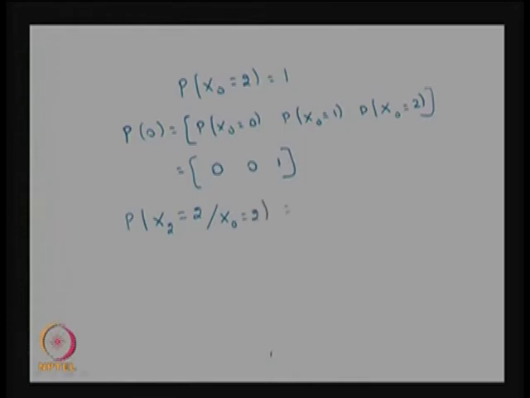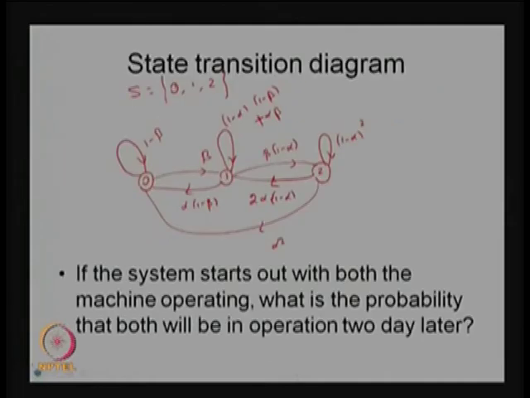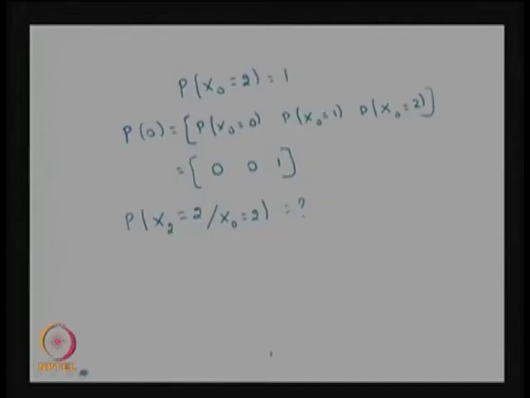So this is what you have to find out. If the system starts with both the machines, what is the probability that both will be in operation 2 days later? This is a conditional probability.